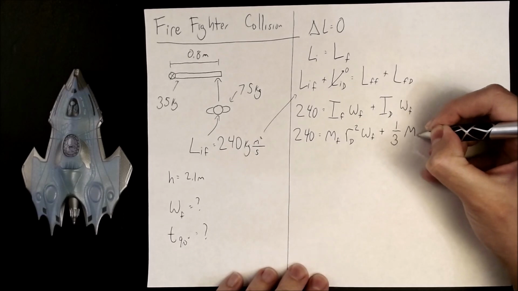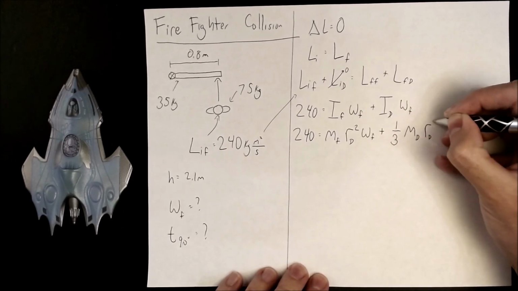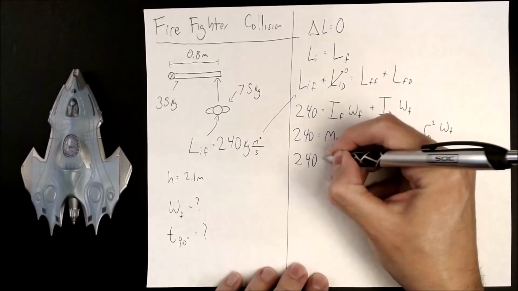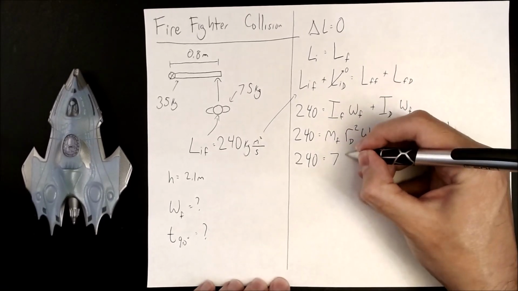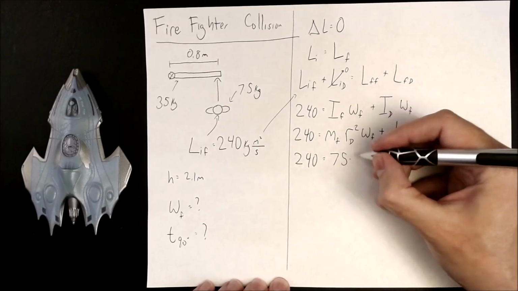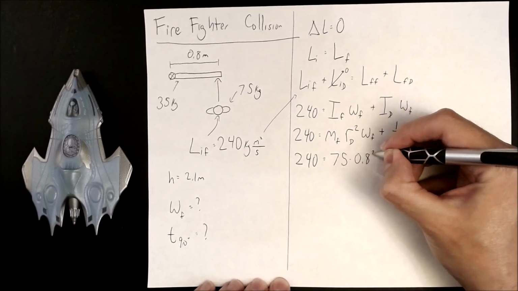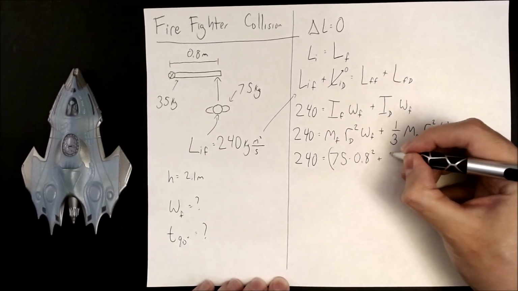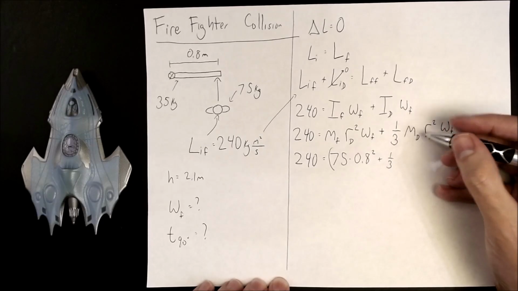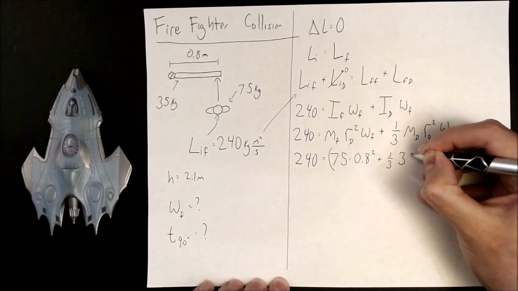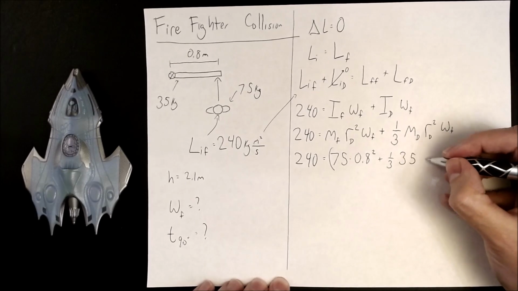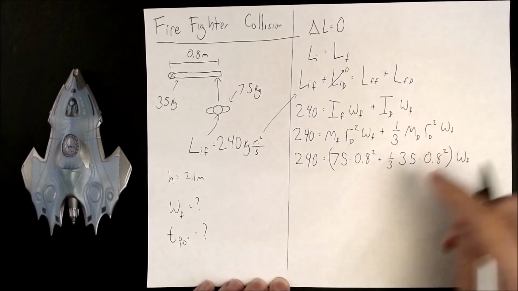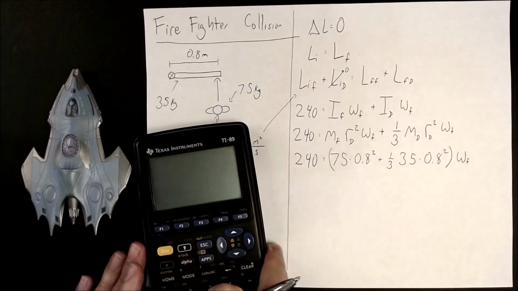1/3 mass door radius door squared omega final. 240 is equal to the mass of the firefighter, 75 kilograms, times the radius of the door, 0.8 meters squared, times, I'm going to factor out the omega final, plus 1/3 times the mass of the door, 35 kilograms, times the radius of the door squared, 0.8 squared, all times omega final, because I took that out.